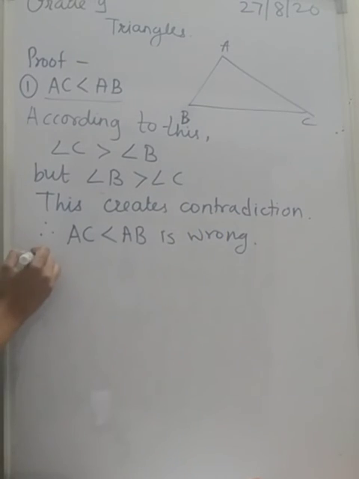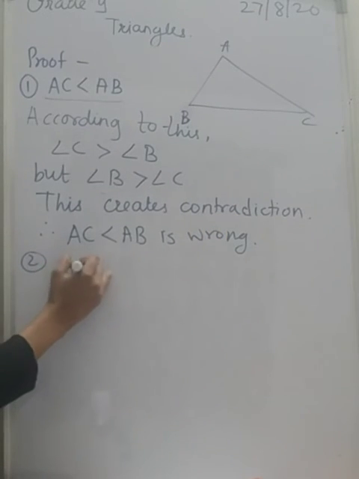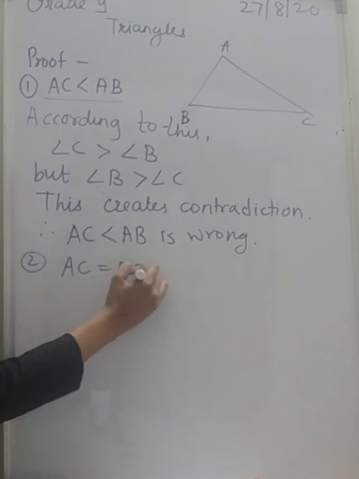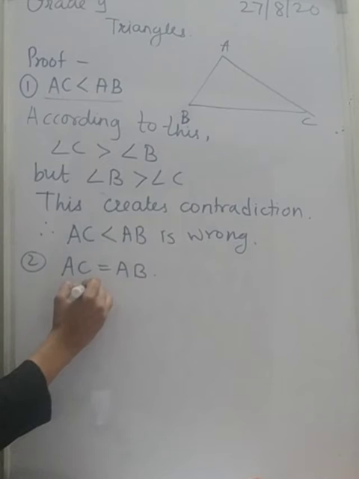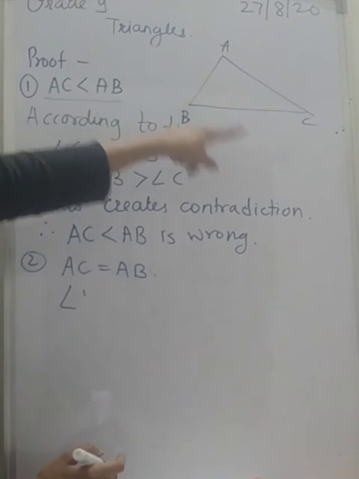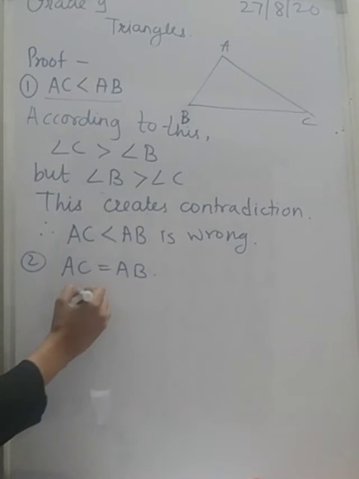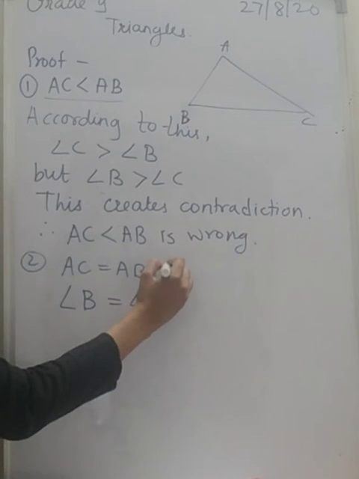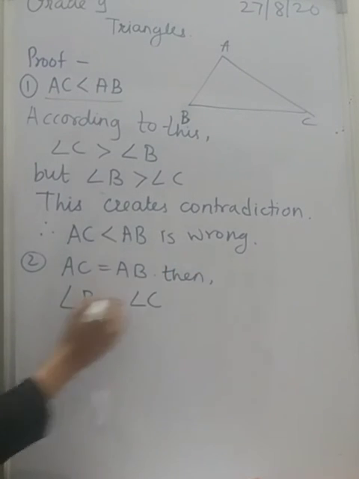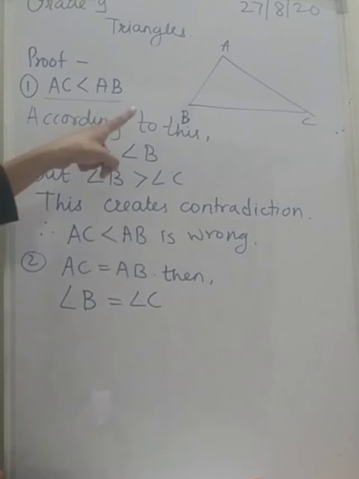Okay, now we'll talk about AC equal to AB. If both the sides are equal, then the angles opposite to those sides should be equal. So angle B should be equal to angle C. But are they equal?